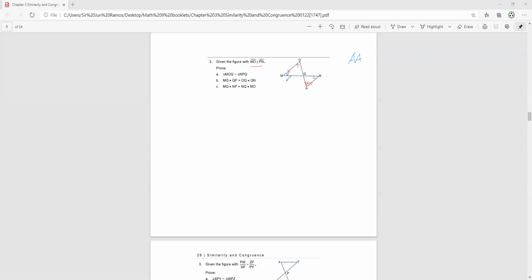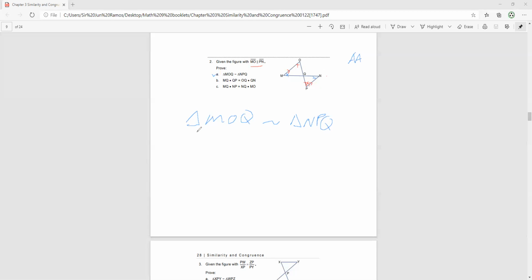Let's see the correspondence: M corresponds to N, O corresponds to P, and Q doesn't have any choice anymore. We have proved letter A.